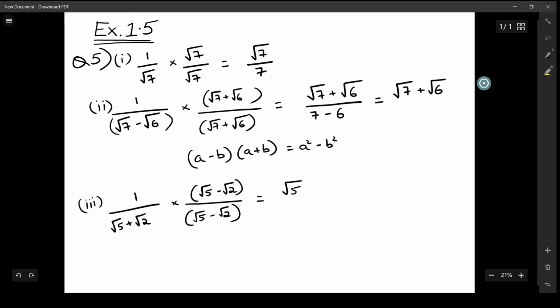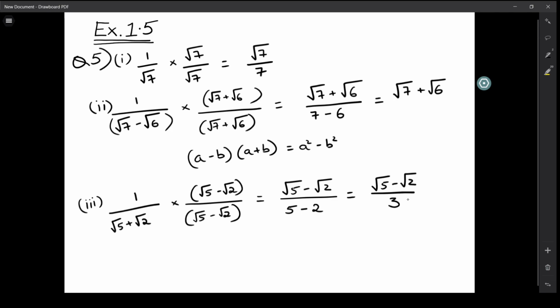What this gives me in the numerator is root 5 minus root 2, and in the denominator, I again use the same formula, a plus b into a minus b, which is a square minus b square, and hence out here it becomes root 5 square, which is 5, minus root 2 square, which is 2, which gives me root 5 minus root 2 whole divided by 3. I've rationalized my denominator out here.